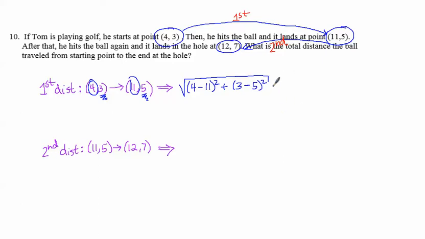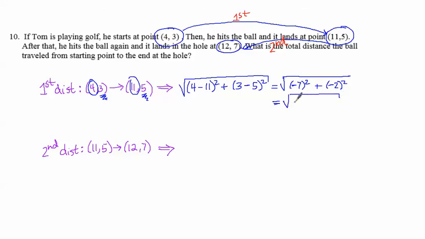That is equal to the square root of 4 minus 11, that is a negative 7 squared, plus 3 minus 5, that is a negative 2 squared. Now remember that anytime you square a negative number, you're multiplying a negative times a negative, so your answer should always be positive.